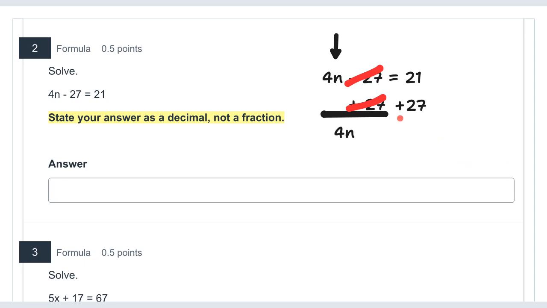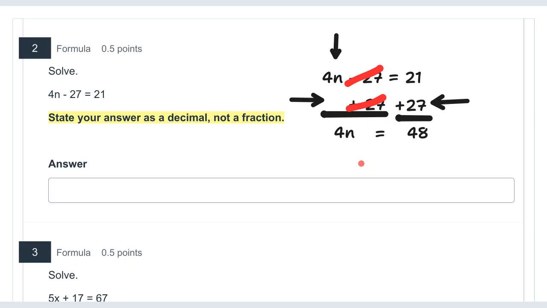When we add on this side, we get 48. More importantly, since we did the same thing to both sides, this equation is back to being balanced, and I can put that equal sign between them.